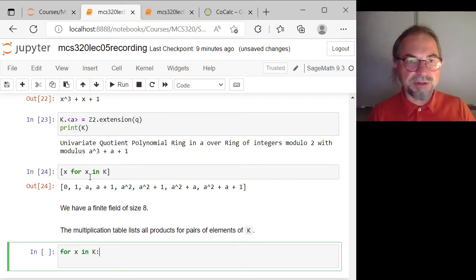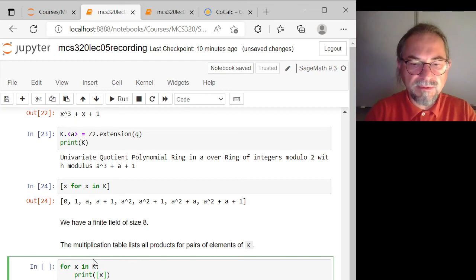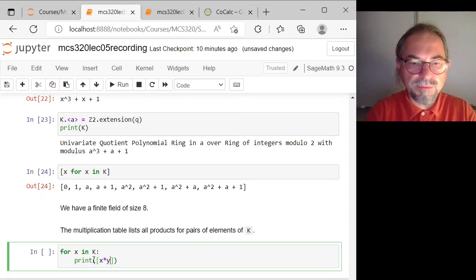Just by lack of originality, I choose the same x for any element. So the x that is used here also in this loop is actually not the x from the symbol for the polynomials.